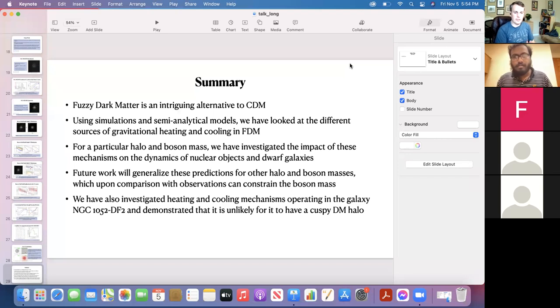Let's see, Ethan, you had a question? Yeah, thanks for this talk. I was also wondering about the dwarf galaxy expansion. I'm wondering about systems at fixed stellar mass that are observed to have very different sizes, like Antlia 2 versus maybe Draco. How sensitive is the size expansion to the halo properties?